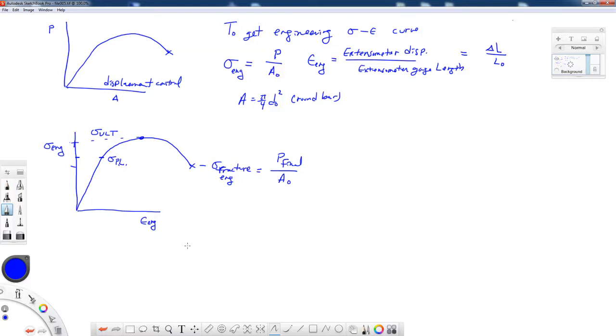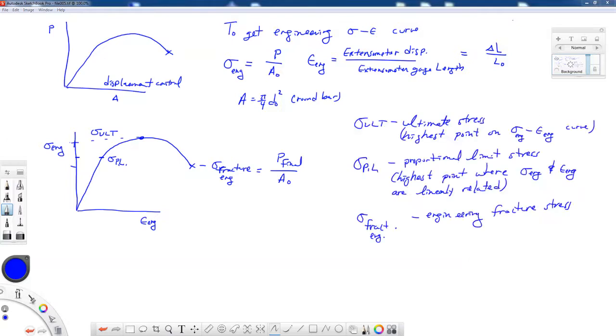And that's typical of metals. Other materials might be a little bit different. Polymers may have more of a curvy or nonlinear initial part to their stress strain curve, but most metals have a very straight line relationship. And so those are the definitions over on the right for those different terms on the curve.